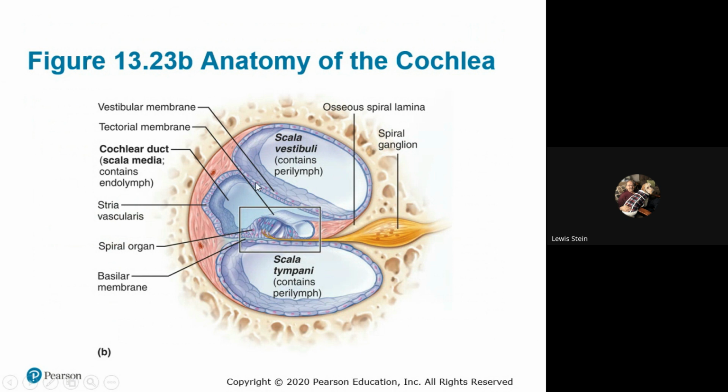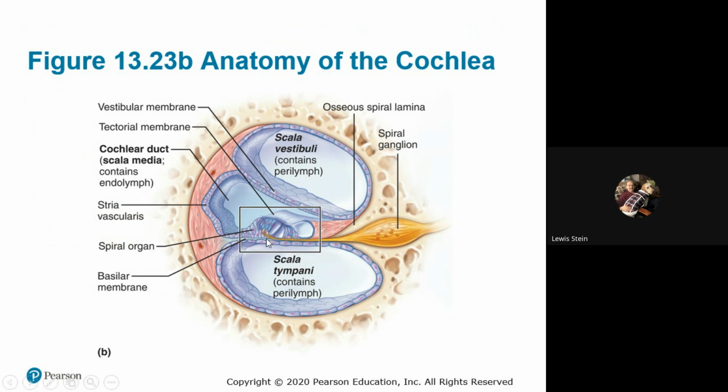Moving on. So in here is the endolymph. And you can see two membranes that are really important for you. This is really the area of the spiral organ more than anything else. You have cells here called inner hair cells and here outer hair cells. They're embedded in something called the tectorial membrane. They sit on top of something called the basilar membrane.